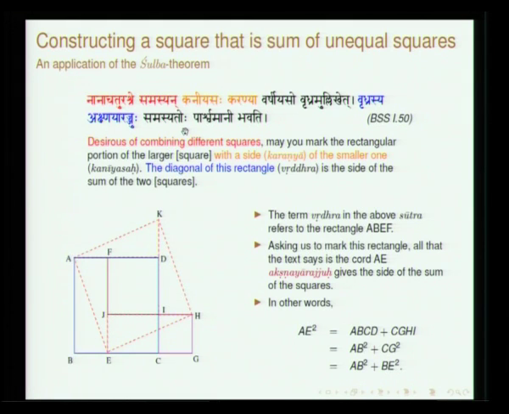All that you need to do is closely follow this figure. So, A, B, C, D is one square and C, G, H, I is another square. These are the two squares and now you want to construct a square whose area is the sum of these two squares. See, Nana Chaturashre Samasyan, desirous of doing, Kaniyasaha Karanya.